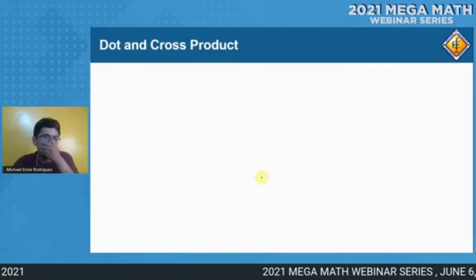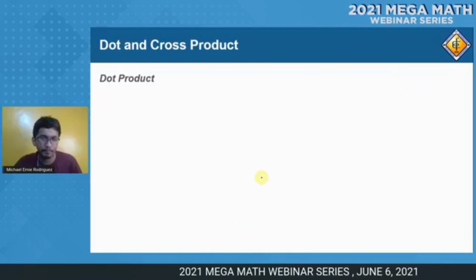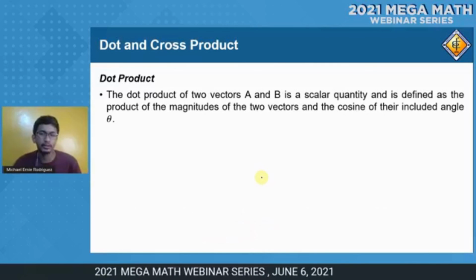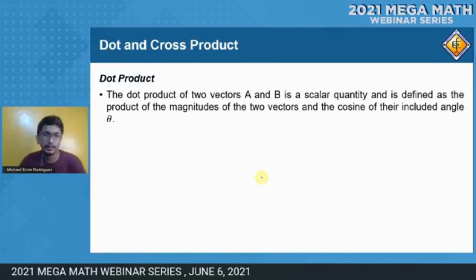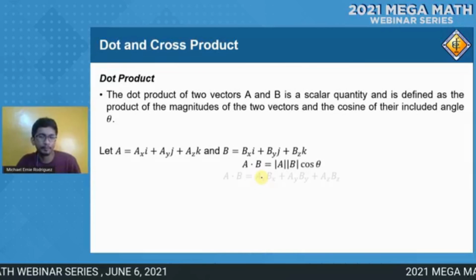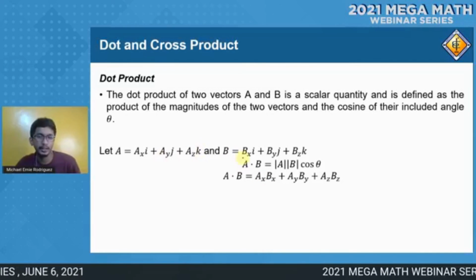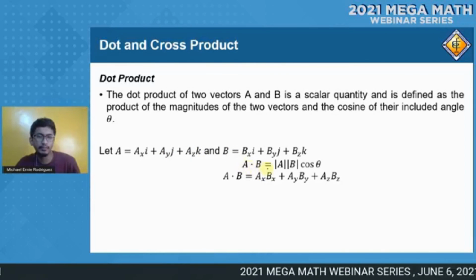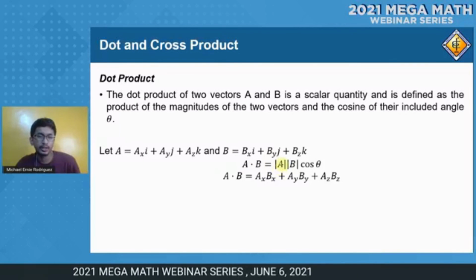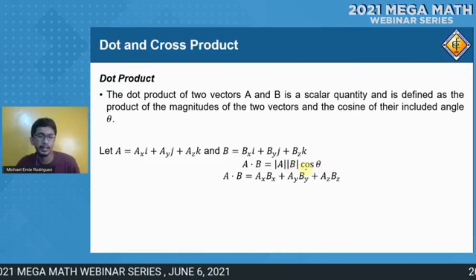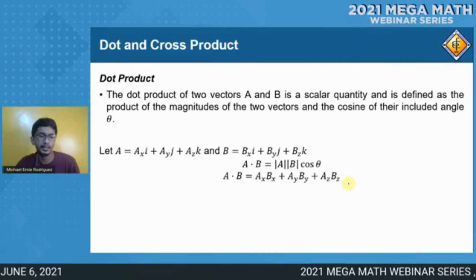And then, dot and cross product. The dot product is a scalar quantity. So you have two vectors, A and B. The dot product of A and B is equal to the magnitude of A times the magnitude of B times cosine theta, or that is AX BX plus AY BY plus AZ BZ.